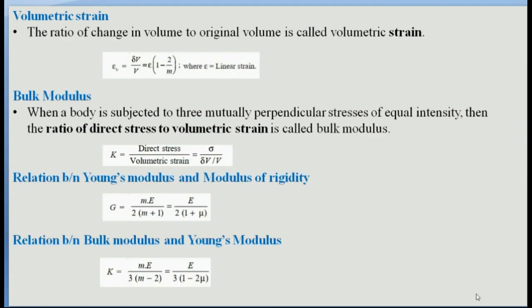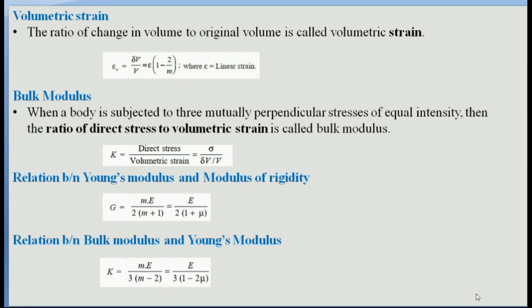Next, volumetric strain. Whenever there are changes in the length as well as in the cross section, that means there is a change in the volume of the member also. That change in volume to the original volume is known as volumetric strain. This volumetric strain can be found out from the biaxial or triaxial state of stress.